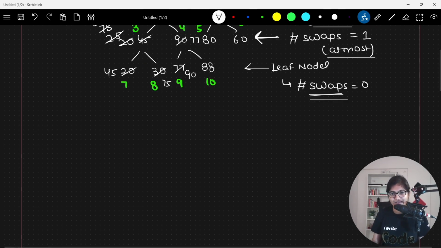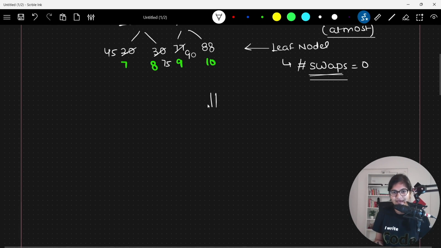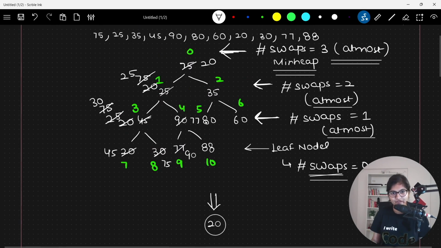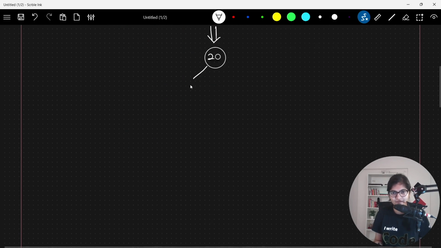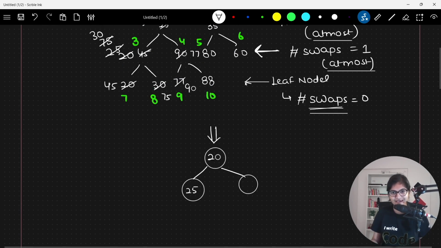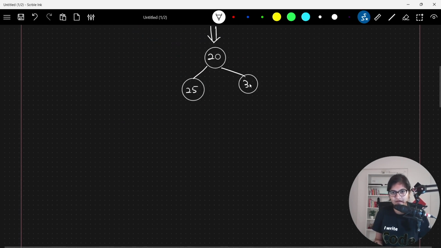So what is the final tree which we are making here? We will be able to get 20 as the root node, I believe. After that, we will have 25 as the left part and 35 as the right part.